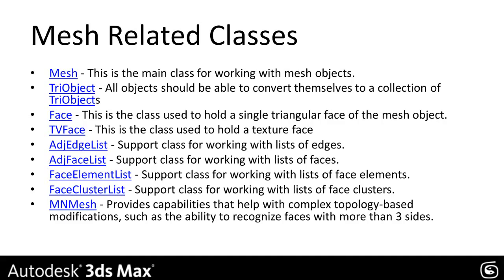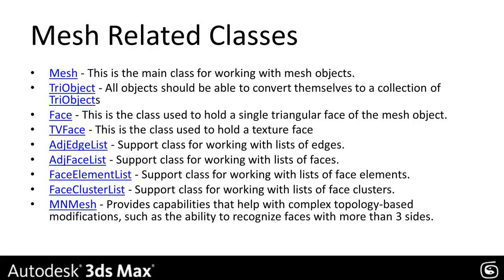So again, mesh is the main class for working with objects that have meshes, that have 3D visualization capabilities. So it has data members that point to the vertices, faces, the texture vertices, and the texture faces. There are methods that are provided to access all properties of the mesh, and also to be able to render, to do things like snapping to the mesh.